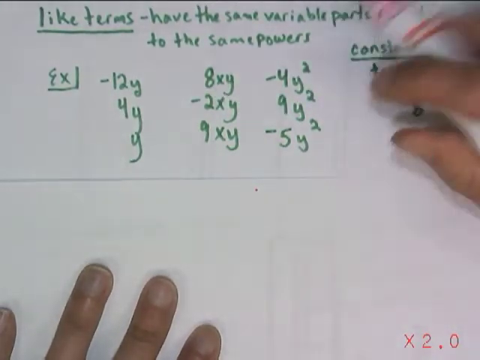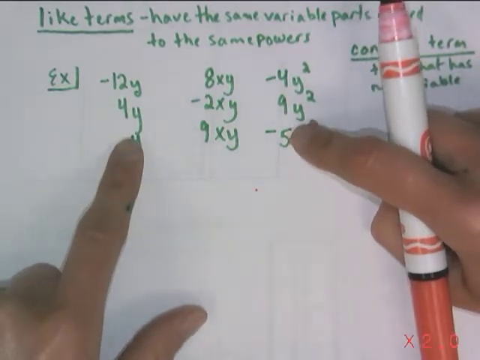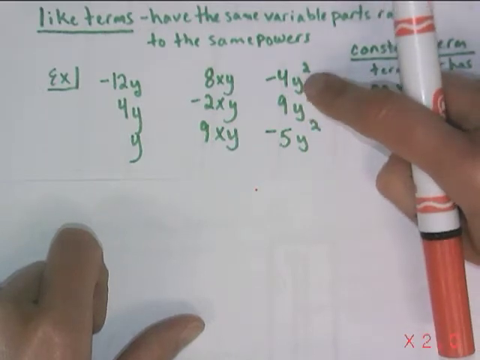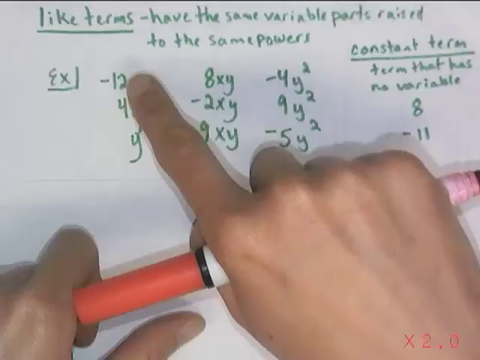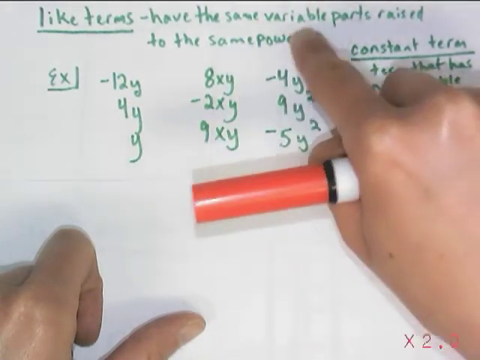This last column is still different than the first column because even though they both used y, in the third column it is being raised to the power of 2, and in the first column it's really being raised to the power of 1. So like terms must have the same variable parts and the same powers.